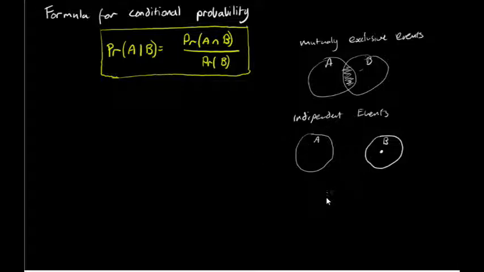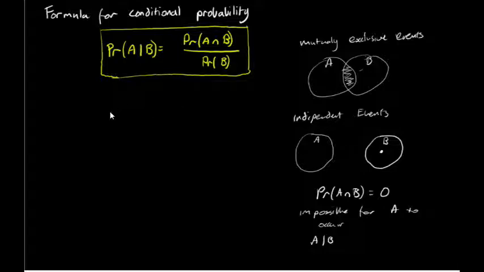So when the probability of A and B is equal to 0, it is impossible for A to occur. A given B, if the A and B is 0, then we can't get A given B.